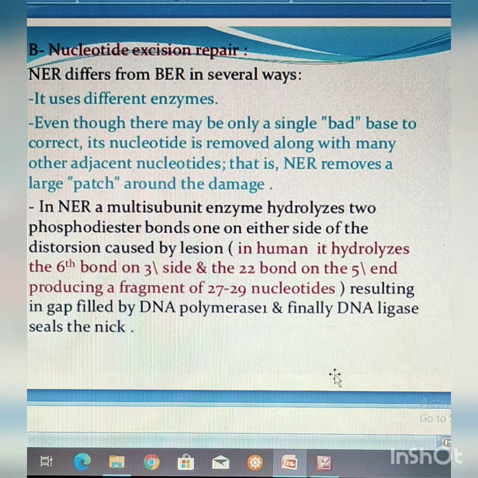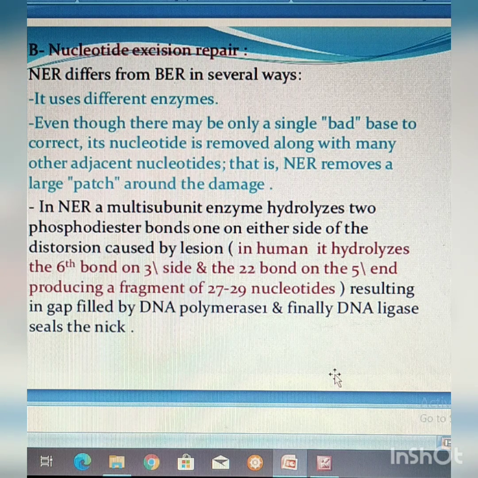In NER, a multi-subunit enzyme hydrolyzes two phosphodiester bonds, one on either side of the distortion caused by the lesion, resulting in a gap filled by DNA polymerase and finally DNA ligase. As in the base excision repair, it seals the nick.